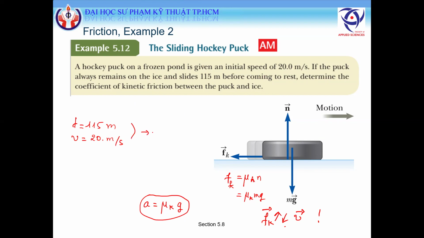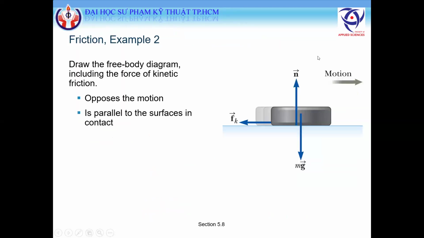Can you somehow find the a here? If you have a and you have the equation here, so you can calculate mu k will be a over g. Let's see how you solve this problem. Okay, let's calculate and give me the answer.